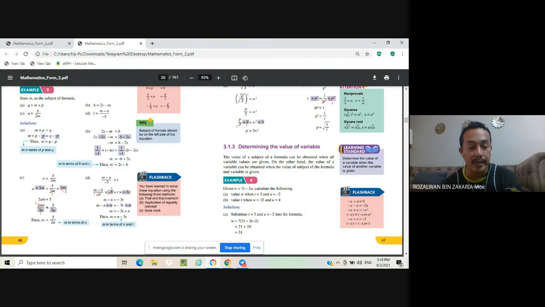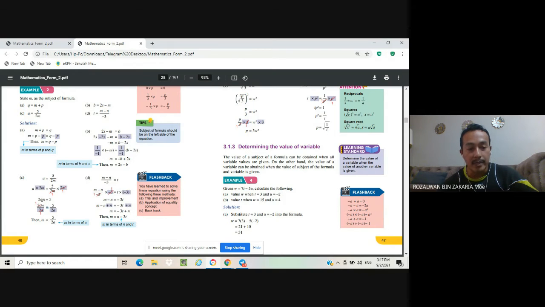Remember when on your right side you multiply with the 2M, your left side also you need to multiply with the 2M. So 5 over 2M multiply with the 2M, this one you can cancel each other and it will become 1. And your left side, A multiplied with the 2M will become 2AM. Then equal to 5, because 5 multiplied with the 1. Alright, we already get here 2AM.